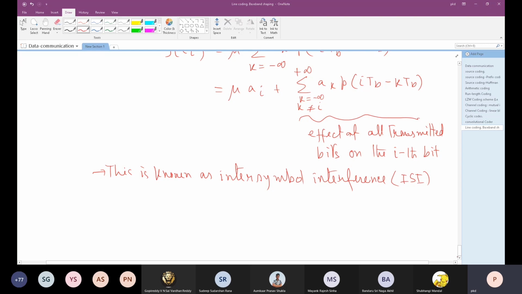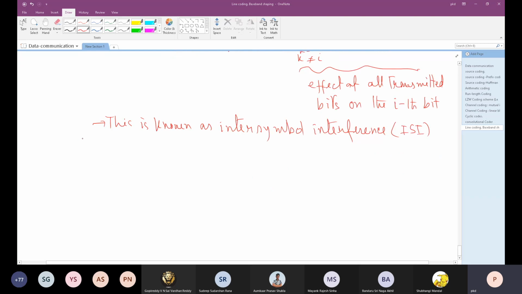Now, here again, Nyquist comes into the picture. Just like for all other sampling, Nyquist has contributed enormously. For this also, Nyquist proposed a criterion.